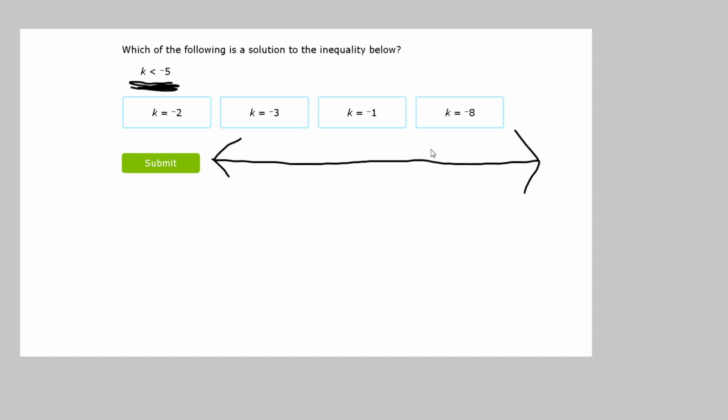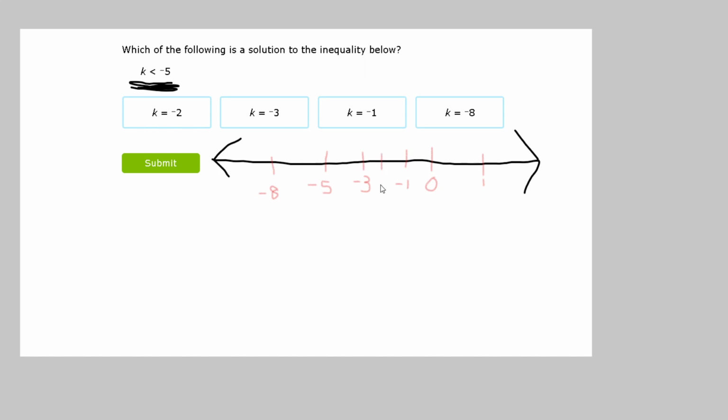All right, if you did a little number line here, maybe 0 would be right here. Your positive numbers are this way. Negative 5 might be right here. Maybe negative 3 is right here. Negative 1. Negative 8.